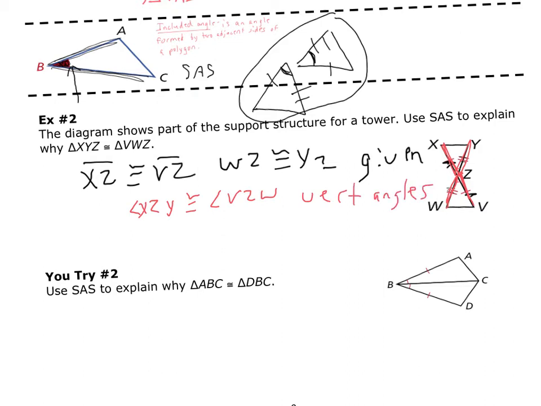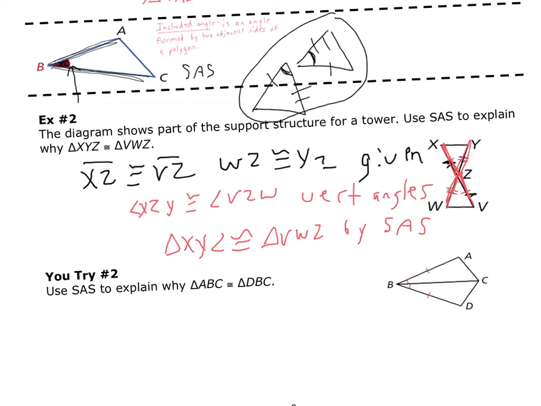Okay, so since you have two sets of congruent sides and an included angle in both triangles, we know that triangle XYZ is congruent to triangle VWZ by SAS.